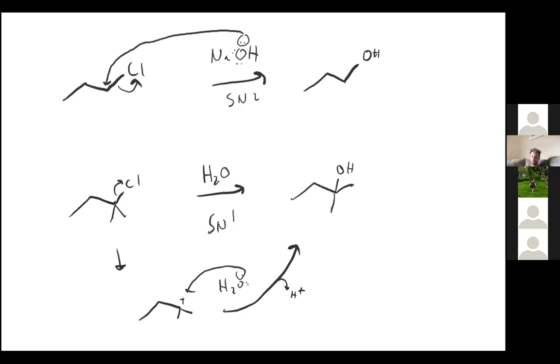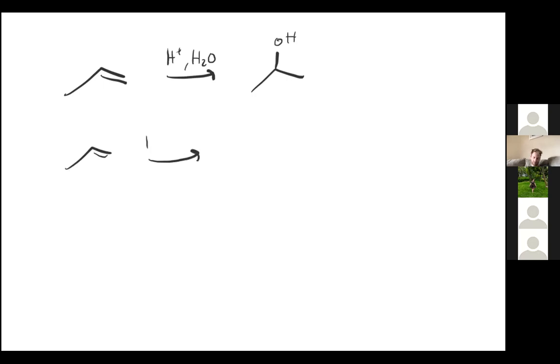So we can start with alkenes, throwing in H plus H2O. This can get us to an alcohol, as well as something like mercury acetate, water.